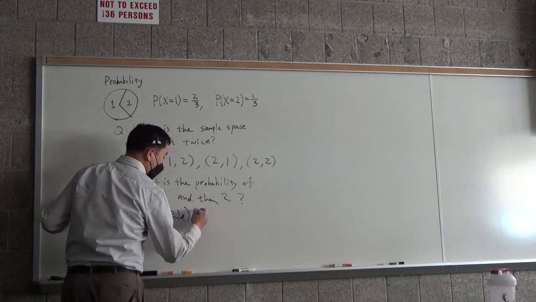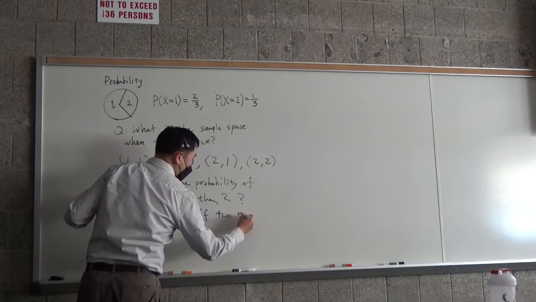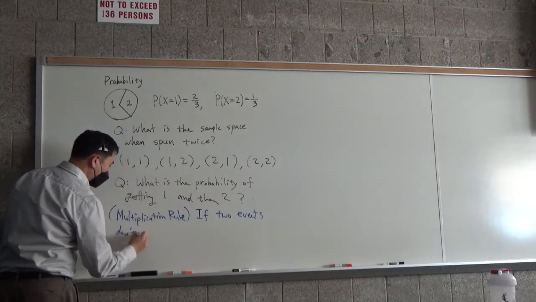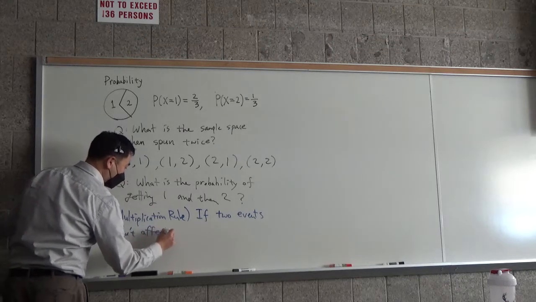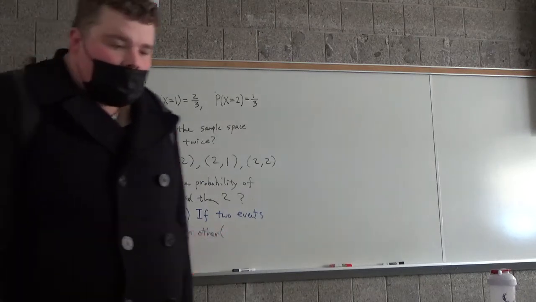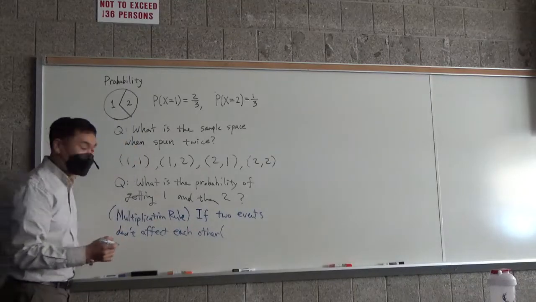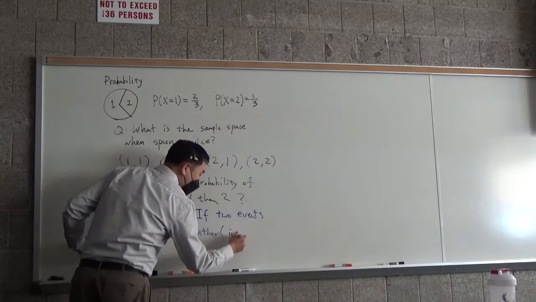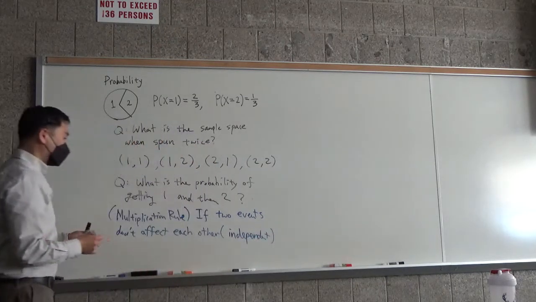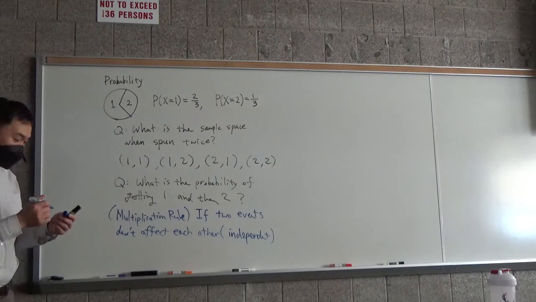And it goes like this. If 2 events don't affect each other, and the more technical terminology for this is if the 2 events are independent, and certainly the second spin is not affected by the first.